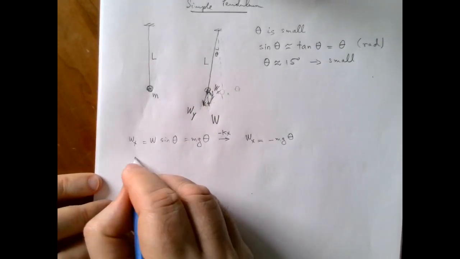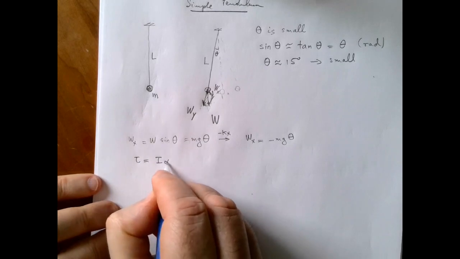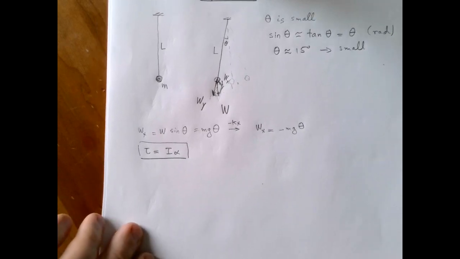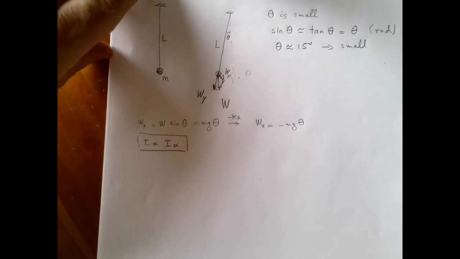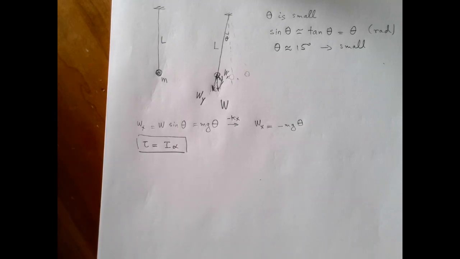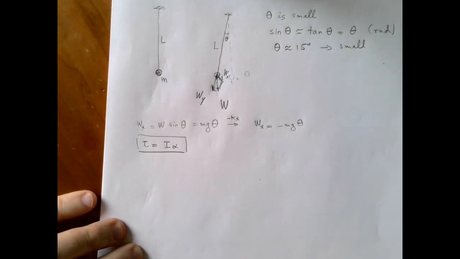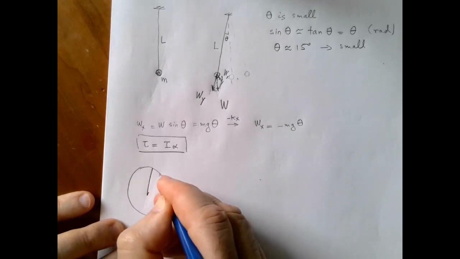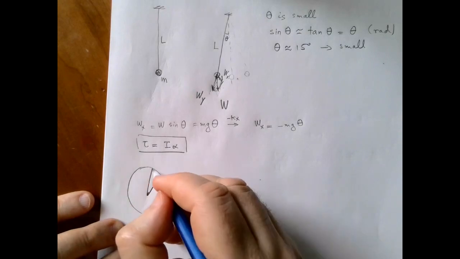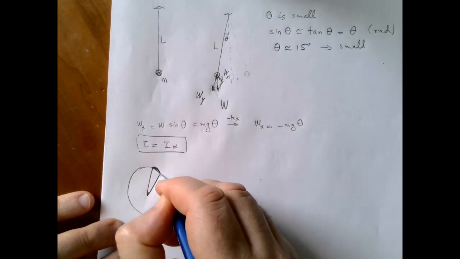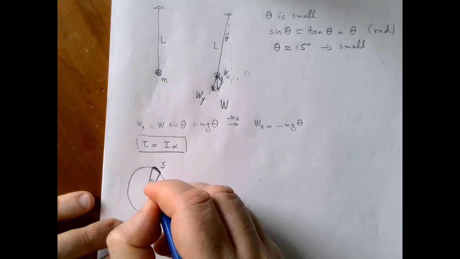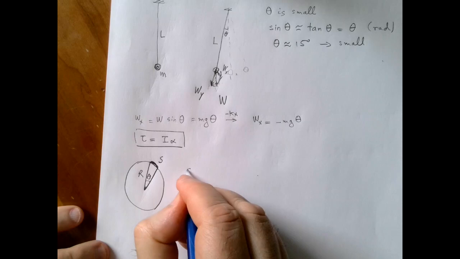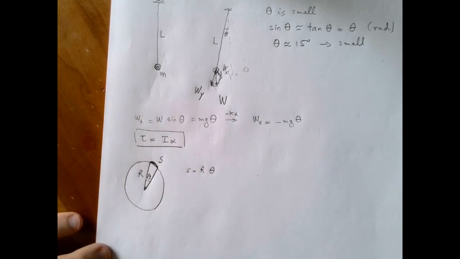On the other hand, we know from rotational motion that the torque is equal to I multiplied by the angular acceleration. And we recall from circular motion what the angular acceleration is. If an object travels a distance s and sweeps an angle theta, the relationship between the two is s equals r theta.